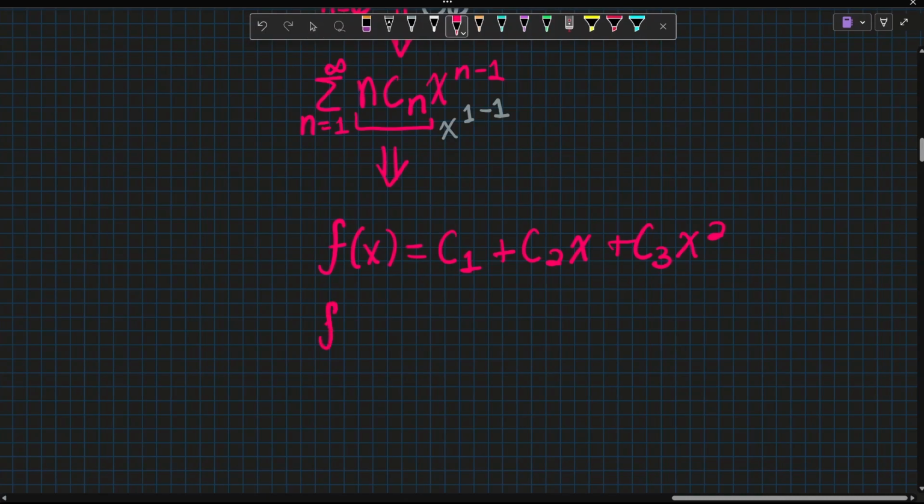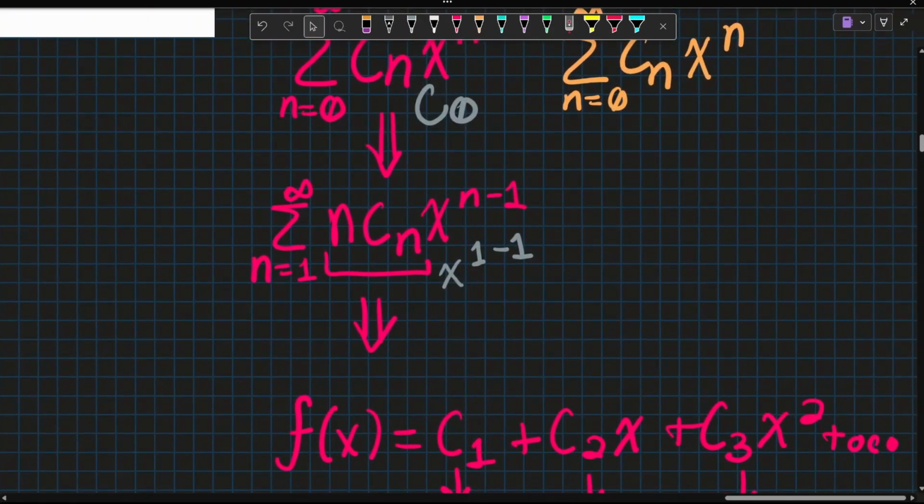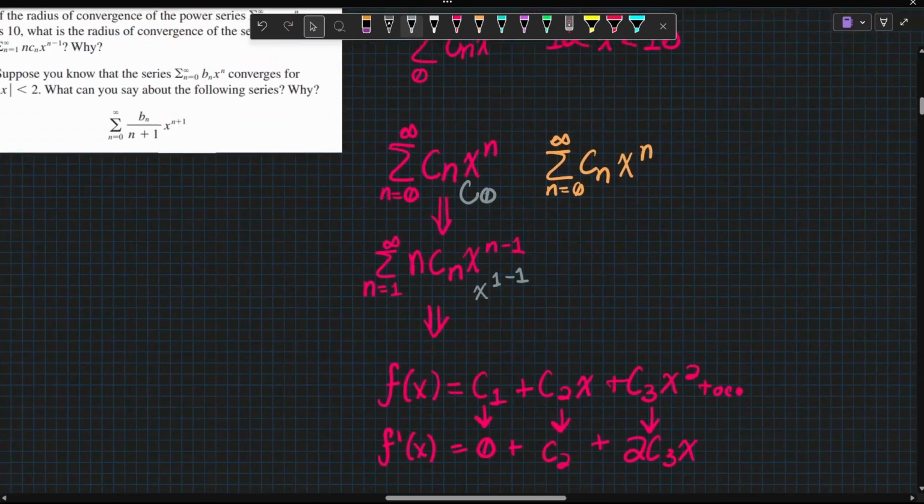Then what you have here is f prime of x, which is the derivative of this, which is 0, plus the derivative of this, which is c_2, plus the derivative of this, which is 2 c_3 x, right? So it makes sense that that first term cancels out, or sort of disappears.